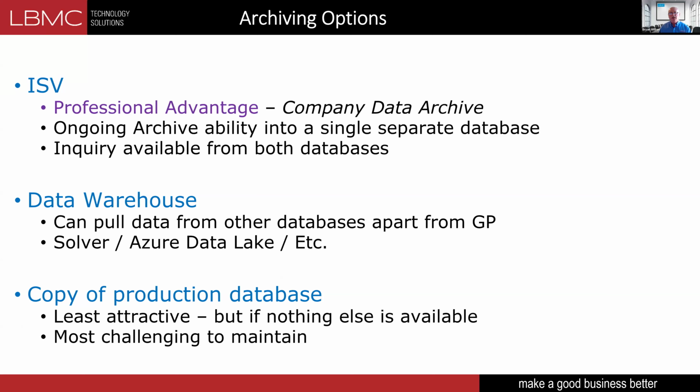So you're moving data from the live company into the archive. At that point, you can delete it from the live, and this utility will actually do that for you if you want it to. And Professional Advantage has a number of inquiry windows that you can use to see data from both companies, your live and your historical company. So that's kind of a cool option.